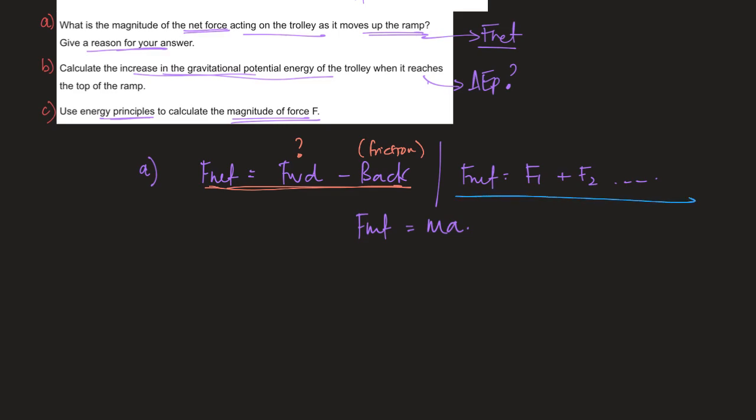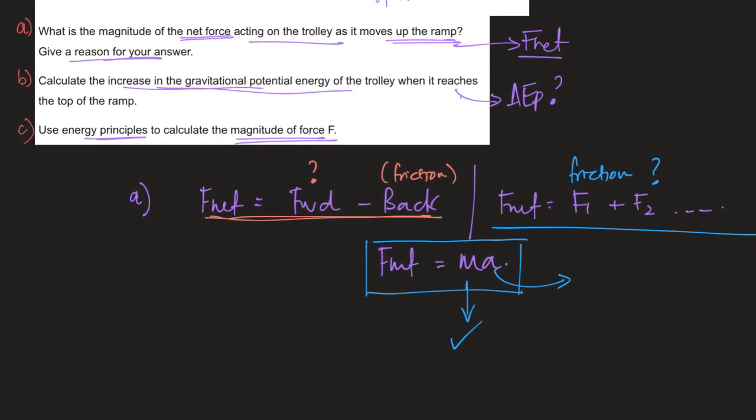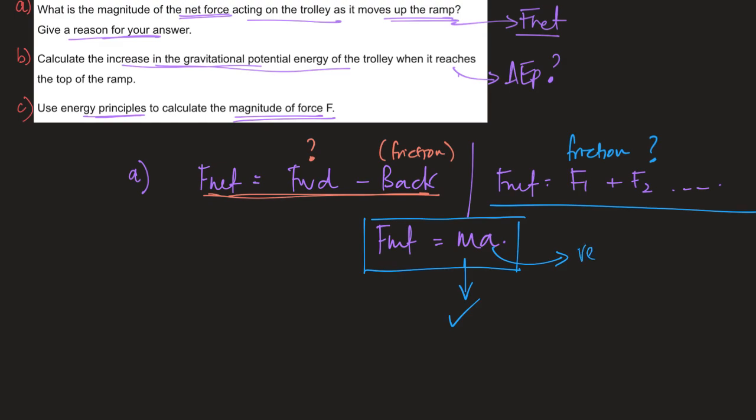In my second formula, I know force of friction here, but I don't know much else, so I can't use that. But if I look at F net is MA, I know the mass, and I know the acceleration. The mass was given to us, and of the acceleration, they tell us that velocity is constant.